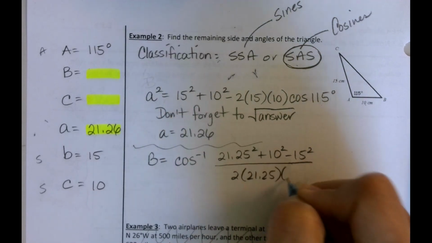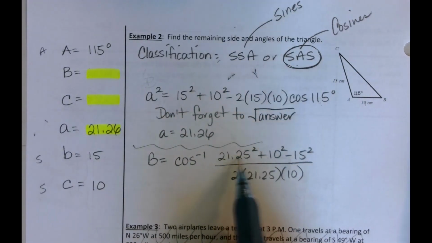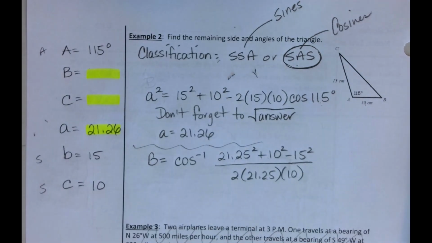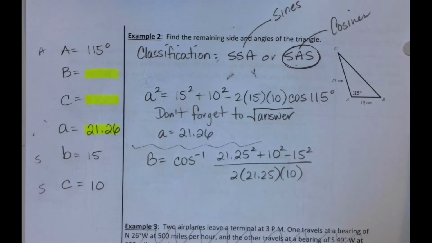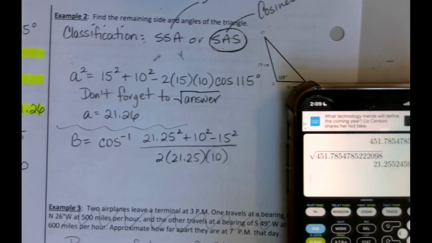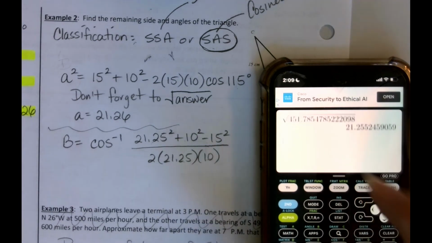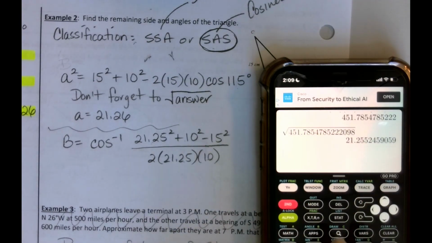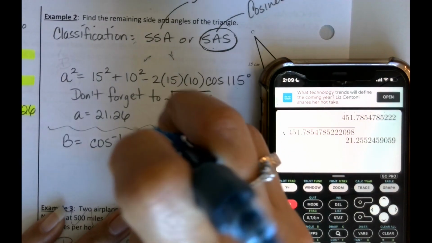Again, notice that the two numbers that were mentioned upstairs are the two numbers downstairs. Ah, that's right. Thank you.